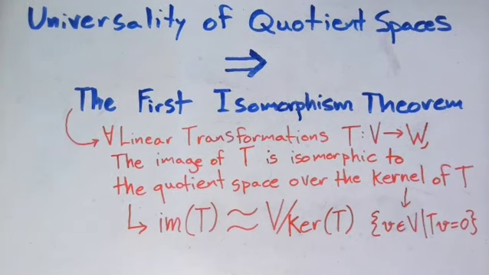So first, let's take a look at the universality of quotient spaces. We'll remind ourselves what quotient spaces are and when they have the universal property that we've looked at in previous videos.